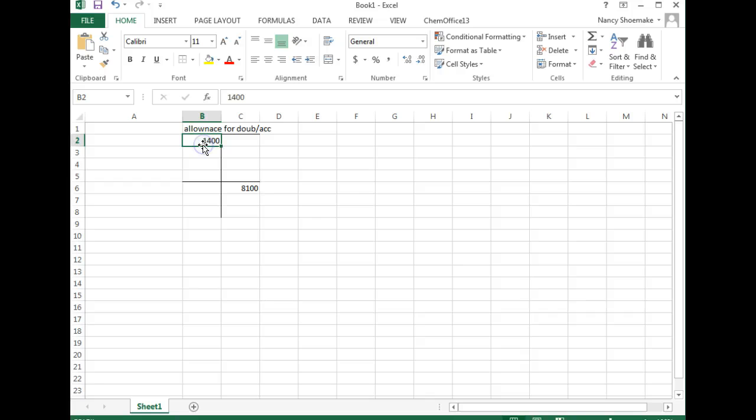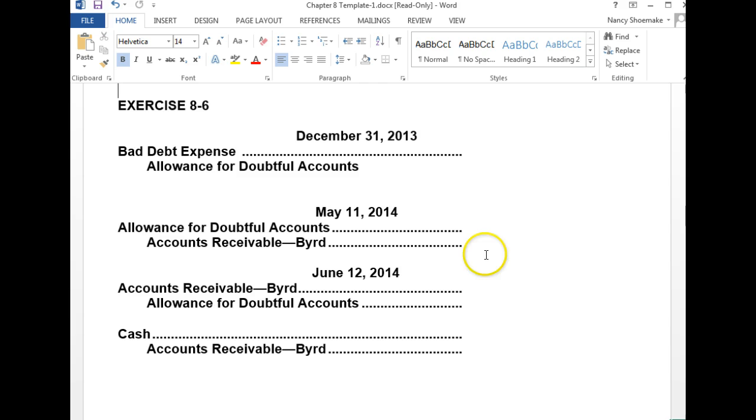This is a debit, so we're going to need to credit 9,500 to get a balance of 8,100, right? Which means our bad debt expense is 9,500 and our allowance for doubtful accounts is 9,500.